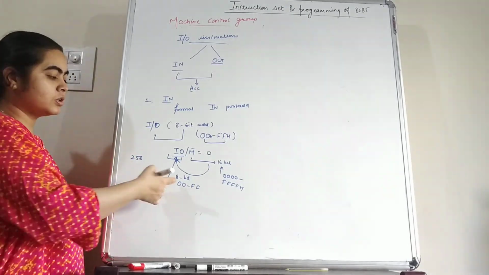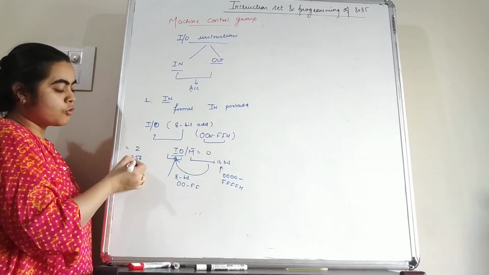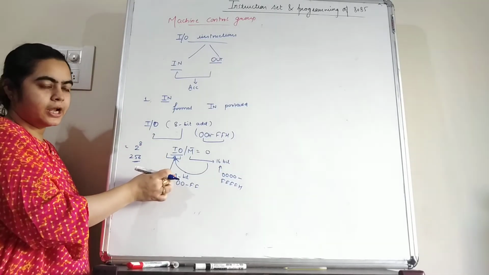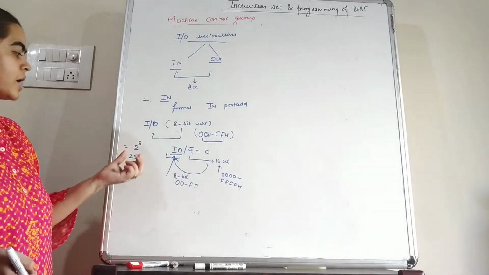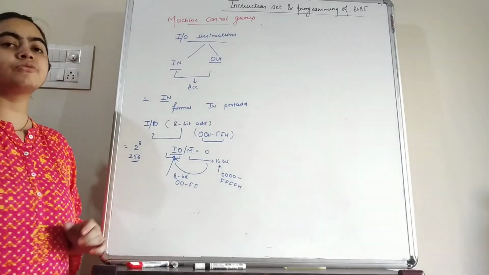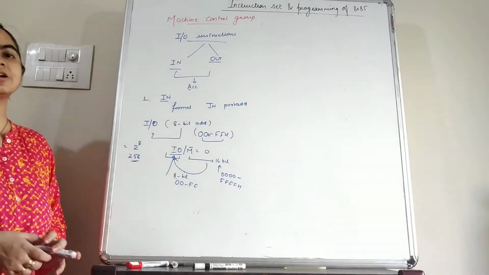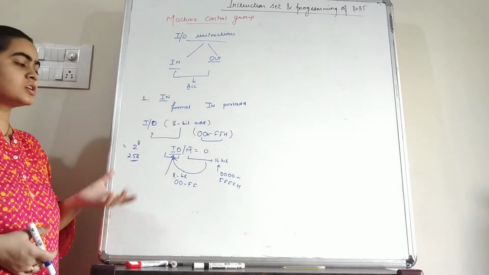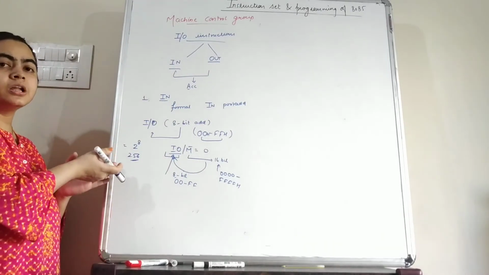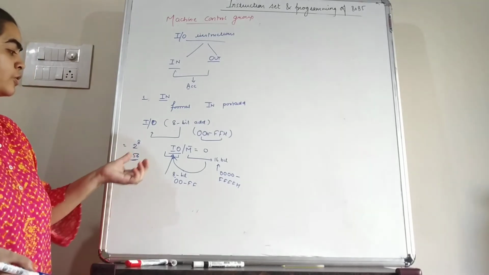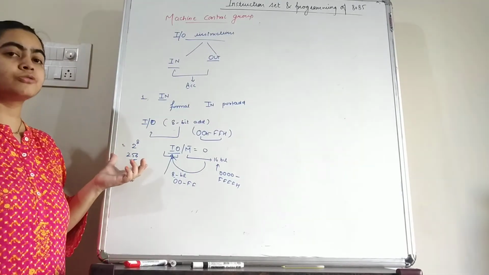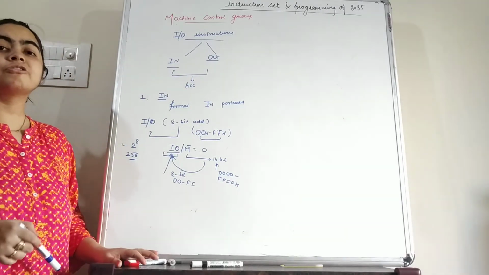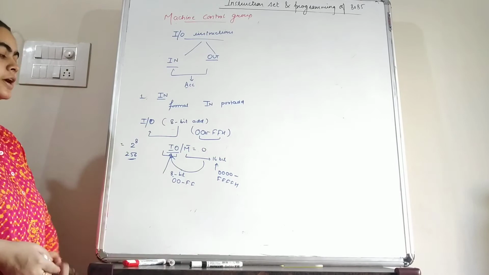How do we find this 256? We write 2 raised to power 8, because it is an 8-bit address, and 2 raised to power 8 means 256. So 256 devices at a time we can connect with the microprocessor, and there is no need to connect more than 256 devices. These are more than enough. So these are the number of ports available, which means this many input output devices we can connect with the computer at a time.